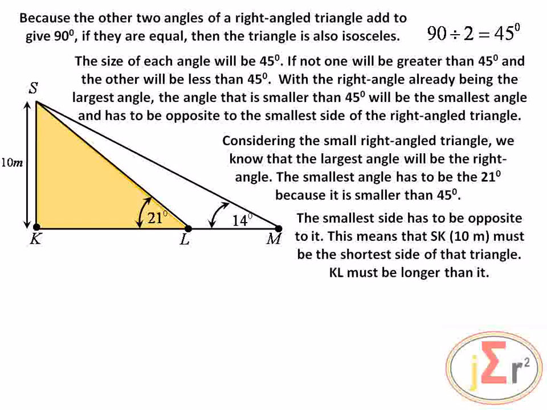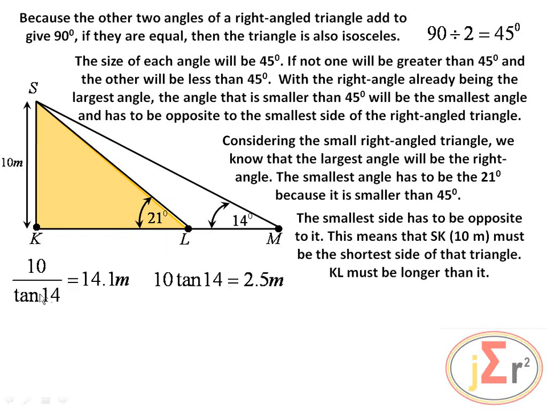It has to be the shortest side of that triangle. KL must be longer than it. KL has to be longer than KS, which is 10 meters, because this one is opposite to the smallest angle and must therefore be the smallest side, the shortest side. This one is therefore longer.